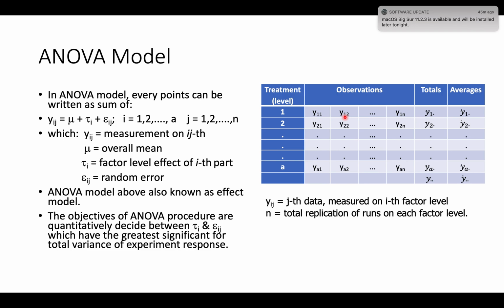In the ANOVA model, every point can be written as the sum in this equation: Yij, each response, equals mu plus tau i plus epsilon ij, with i from 1 to A and j from 1 to n.